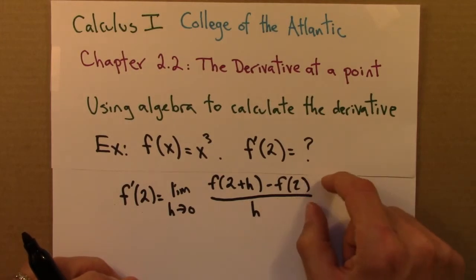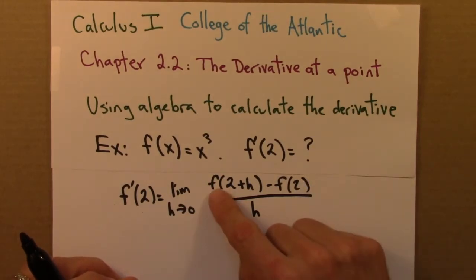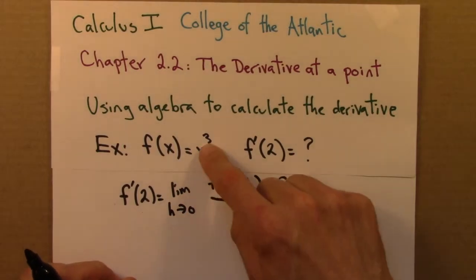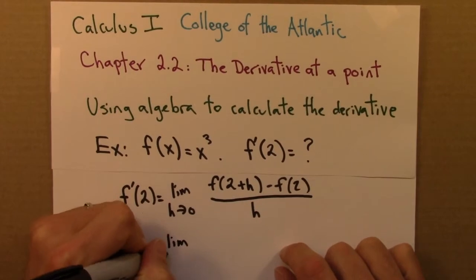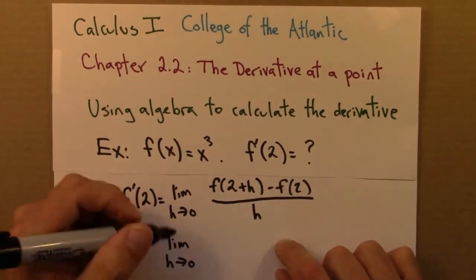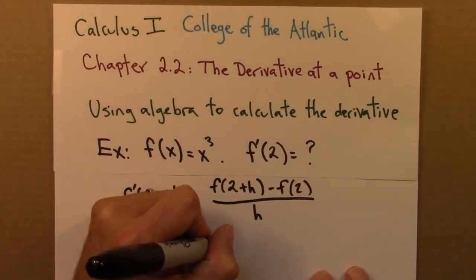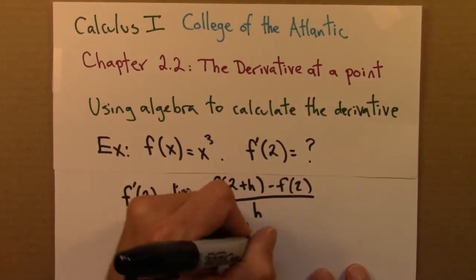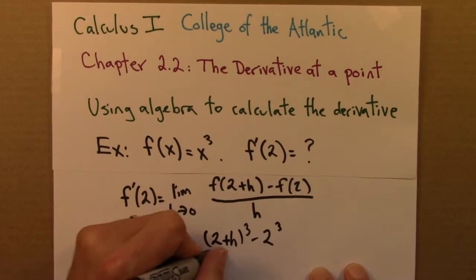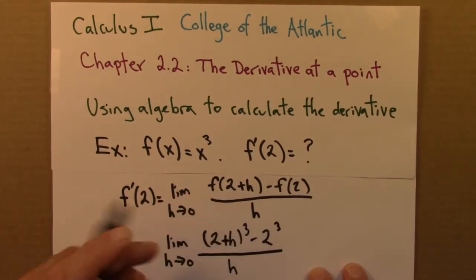So right, this is just the slope near 2. And we have a formula for the function. It's x cubed. So I can actually write this out. The limit as h goes to 0, 2 plus h cubed minus 2 cubed all over h.